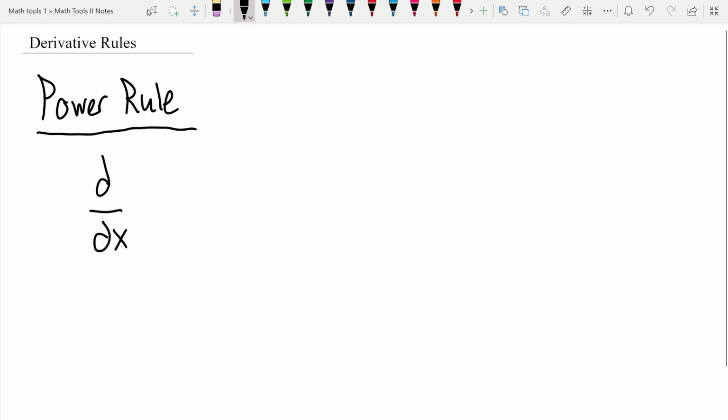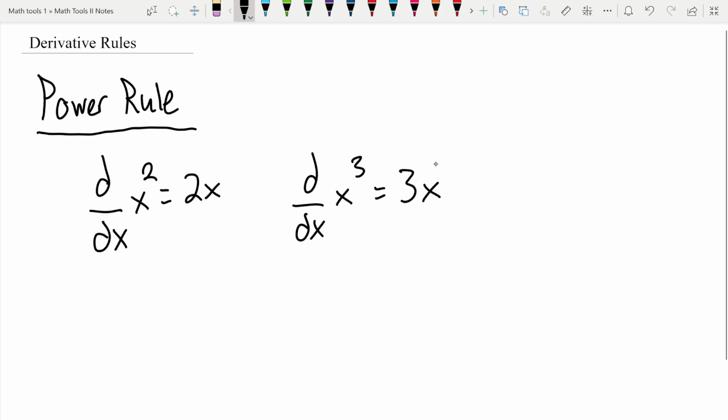We could say the derivative of x squared is 2x. We've seen that the derivative of x cubed is 3x squared. Some things we haven't seen, the derivative of x to the fourth is 4x cubed.